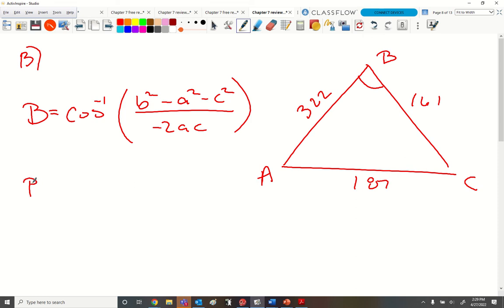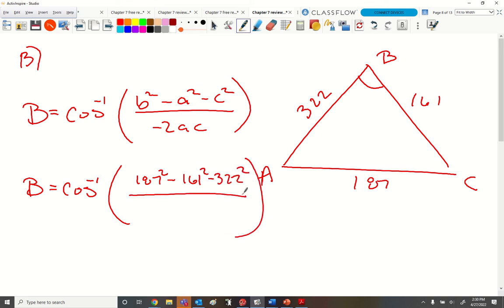And by plugging it in, big B is going to be about 24.1139.